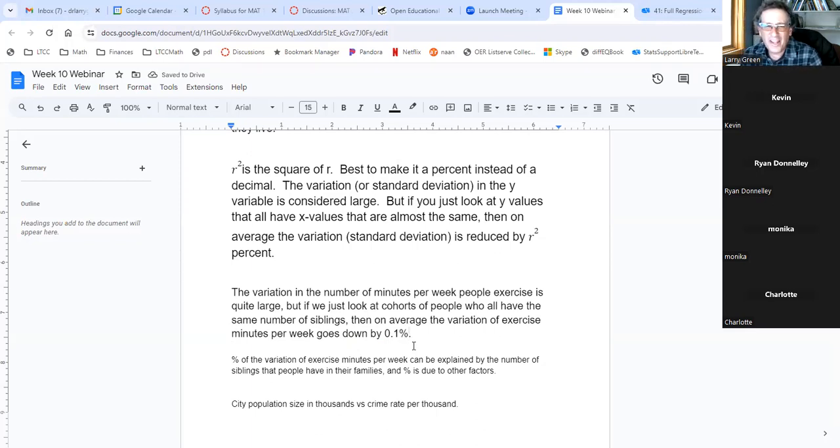So that tells you that if you know how many siblings they have, then it actually doesn't change the variation at all. It doesn't give you much information at all about the amount of exercise someone does. Any questions on that?